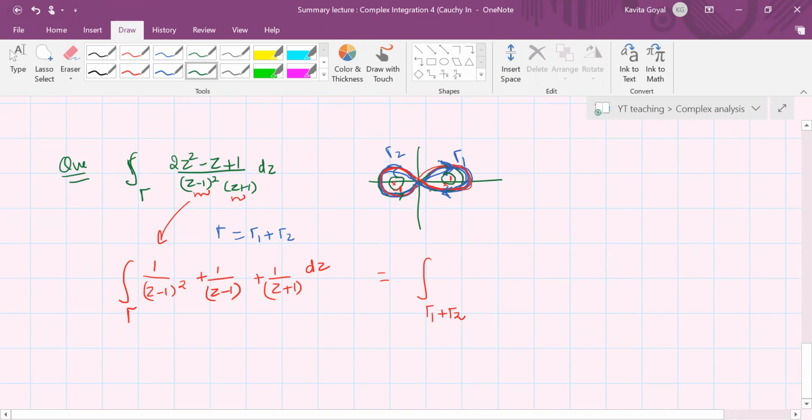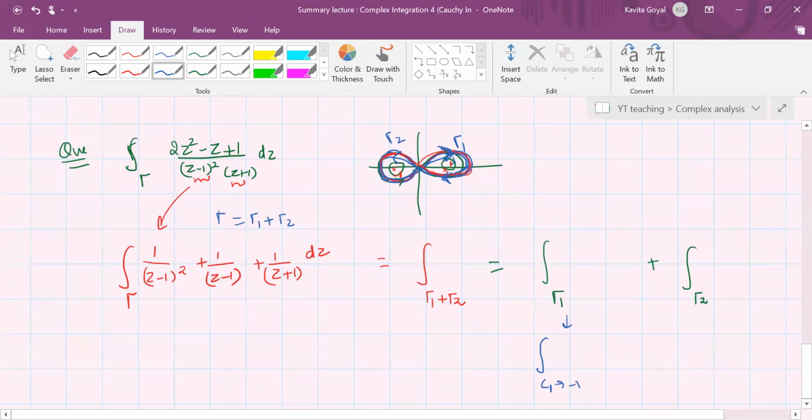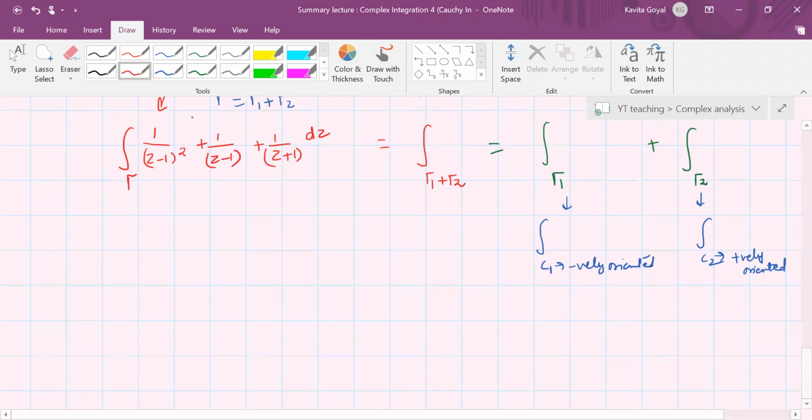Because we are just separating the regions, you can write it as along gamma 1 plus along gamma 2, so you don't have to make a straight line. So this will be the same as along C1, and this is your C1, which is negatively oriented. And this is the same as the integral along C2, which is positively oriented, anti-clockwise, right?